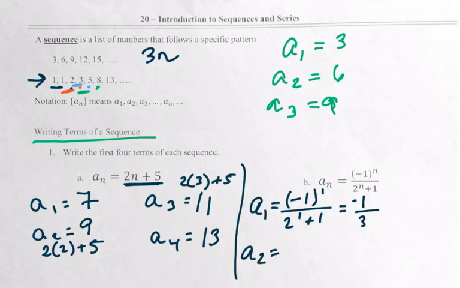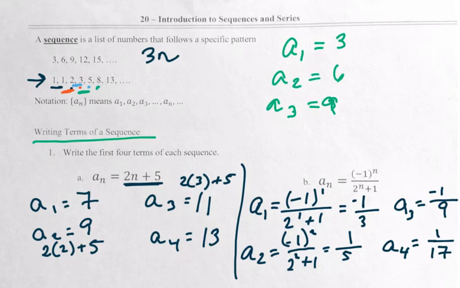A sub 2 is going to be negative 1 squared, which will make it a positive, and then 2 to the second plus 1. So that's going to be a positive 1 over 5. Okay. A sub 3, by the same process, would be negative 1/9. And for a sub 4, we would substitute in a 4, and when you do so, you get positive 1/17.